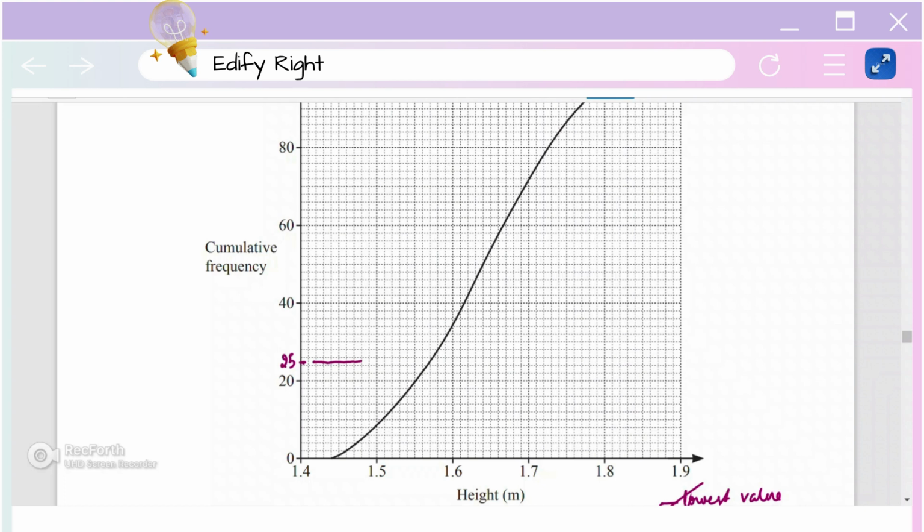So let me just draw a line over here and see where it touches. That would be this point. So it touches at 1.57. Alright. So we got the lower quartile here.